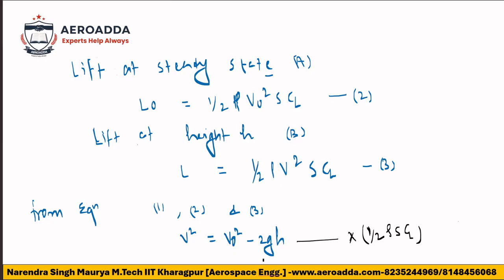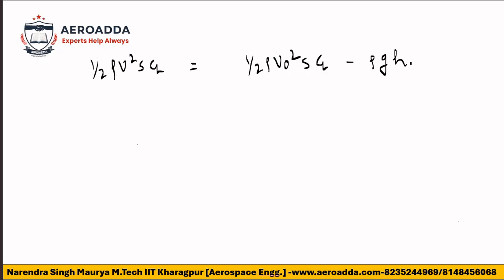And here half rho V square also, half and half cancel out. So you will get 1 by 2 rho V square S CL equal to 1 by 2 rho V naught square S CL, 1 by 2, 1 by 2 cancel out here. Then you will get minus of h S.